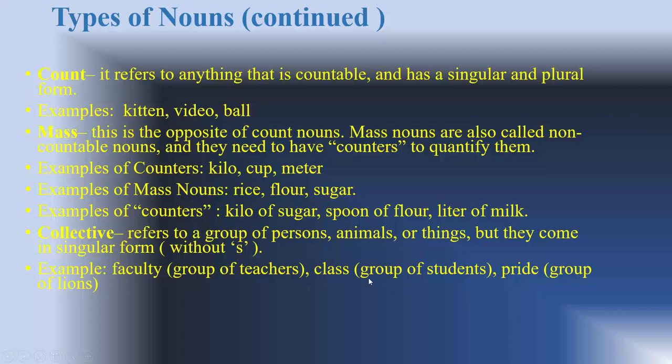The class in itself, as a noun, is single, but it means a group of students. For example, pride, a group of lions, and so on, army, people, team, team of football.